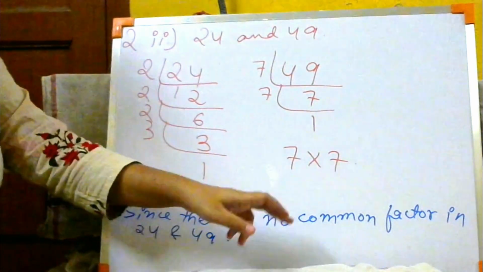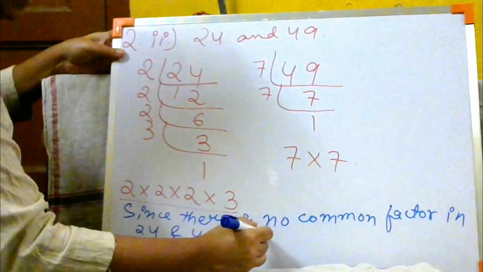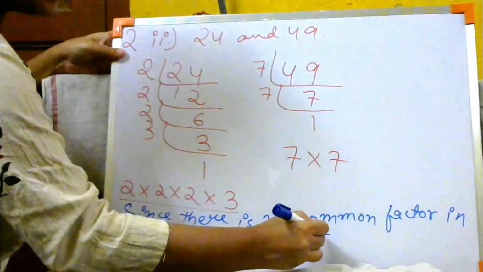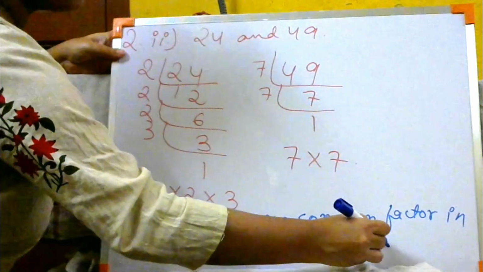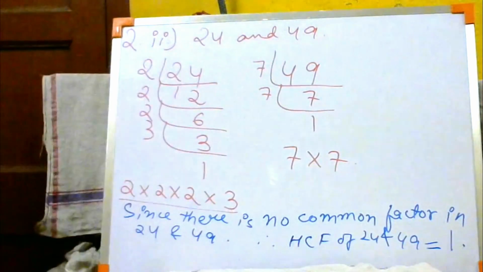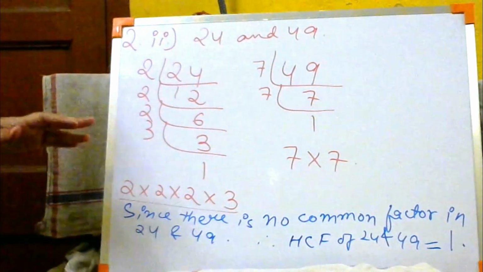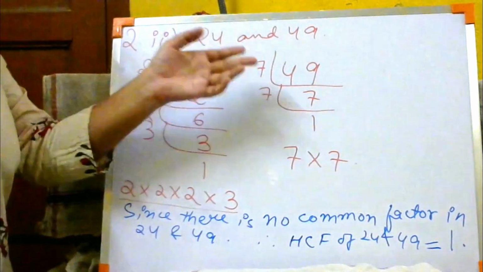Since there is no common factor in 24 and 49, therefore HCF of 24 and 49 is equal to 1. Clear? If there is no common factor in 24 and 49, since there are no factors, why 24 and 49? It can be two other numbers also.